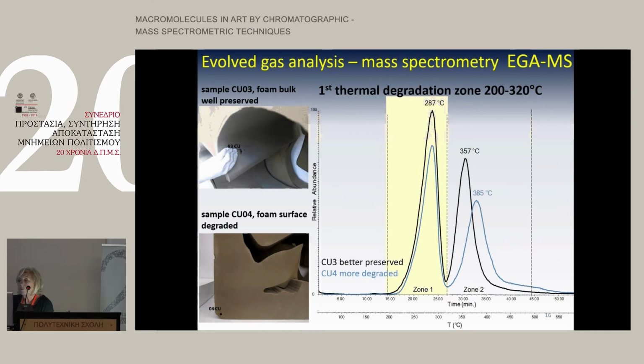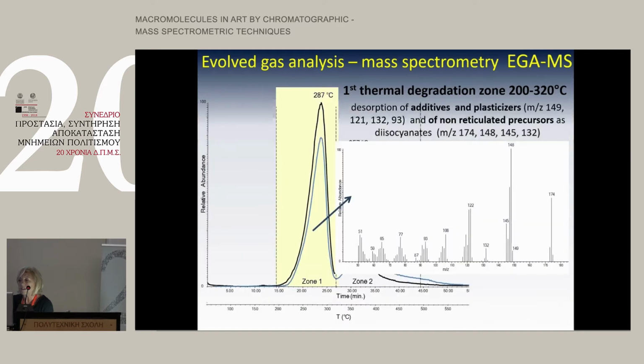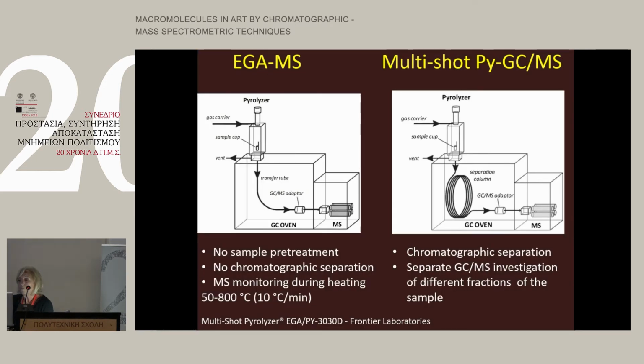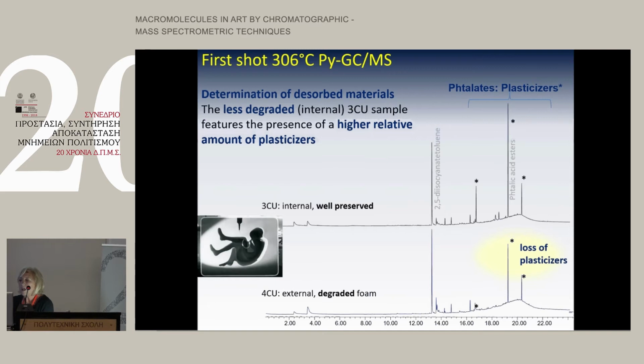And then, if you're looking at the first part of the thermogram, you don't see any kind of difference here, but you know that you are in presence of additives and plasticizer mainly. Well, you have some other information because from this thermogram, you know which temperatures to use under pyrolysis condition. So we use this kind of pyrolyzer, connected with the chromatographic column and mass detector, and this is the result of the first part.